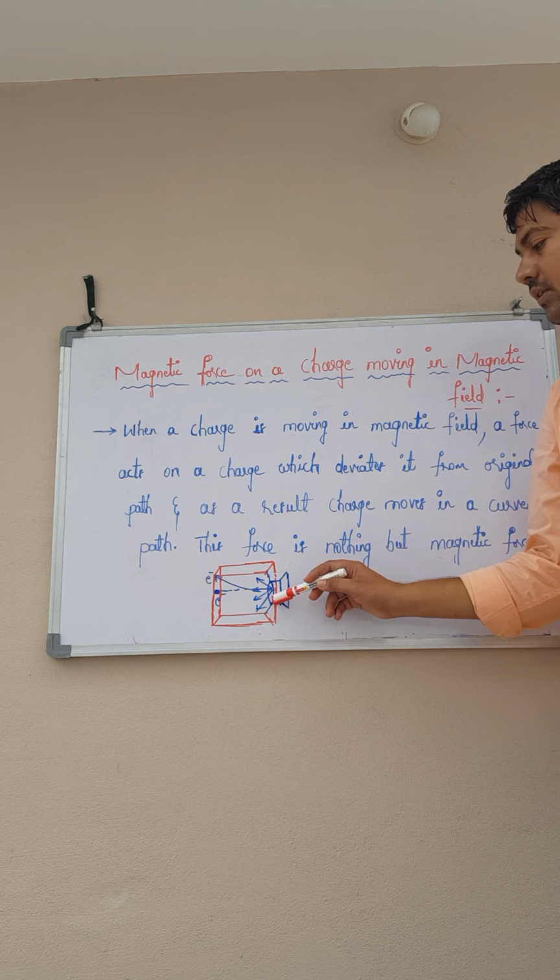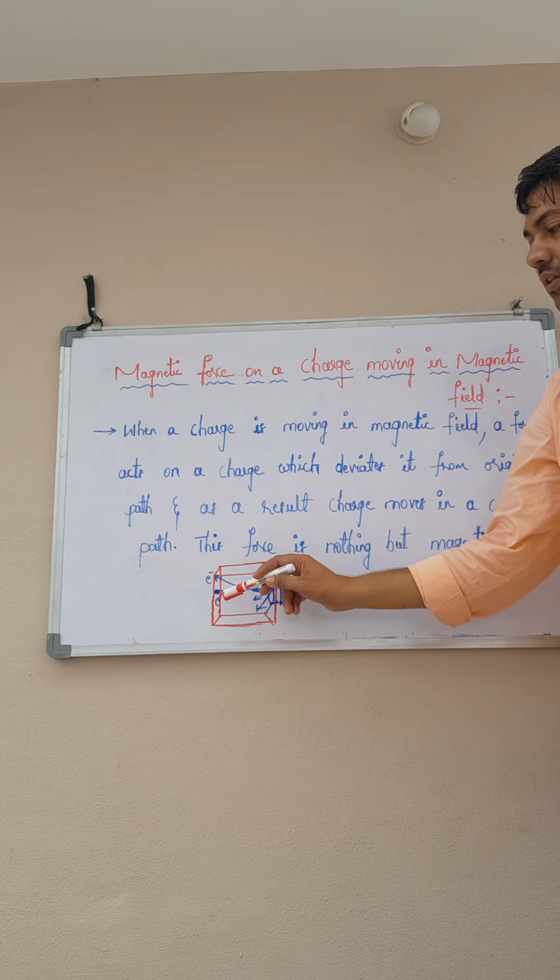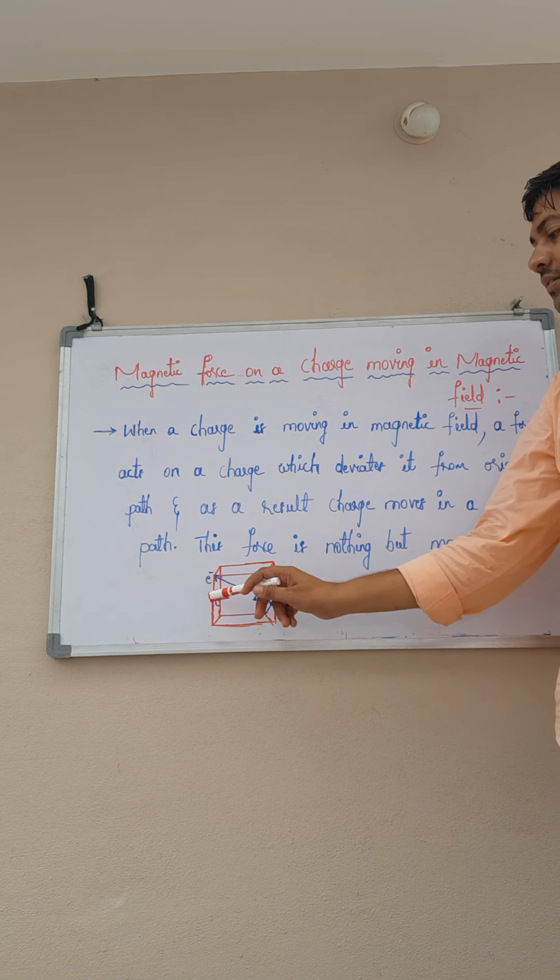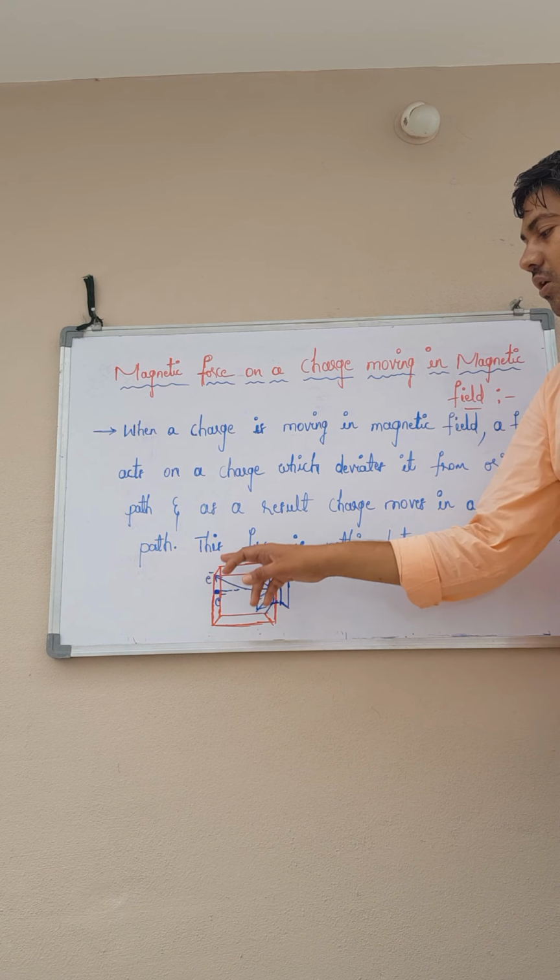So these electrons will move towards the screen and they will hit the screen, and when these charges hit the screen, then you can see the picture on the screen.